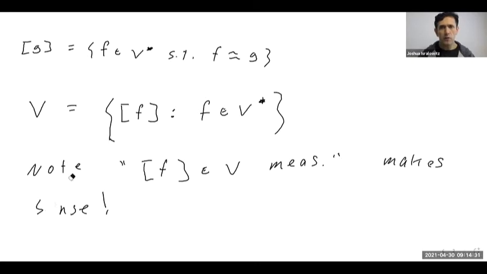Well, we proved that if two functions equal each other almost everywhere, then one is measurable if and only if the other one is measurable. So it doesn't matter what representative of this class you pick. If that one is measurable, then every other function g that equals f almost everywhere, and hence is equivalent to f, is also going to be measurable.